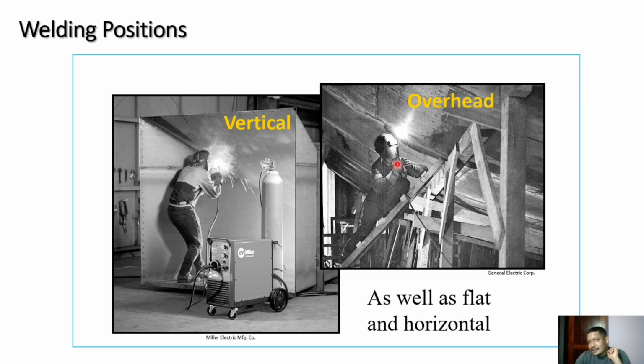The next one: this welder is welding above his head. That is called the overhead weld position. So we have seen the types of joints, and the weld positions can be flat and horizontal, vertical, or overhead.